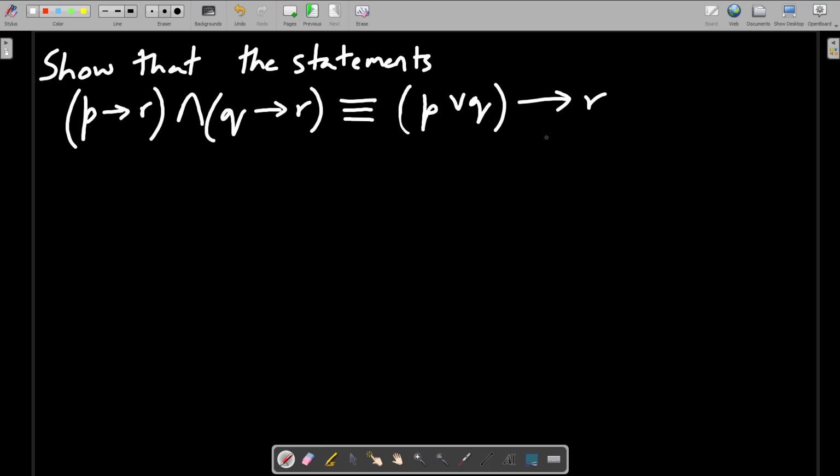If Q happens then also R happens. So if you combine both the statements, if either P happens or Q happens, then R will surely happen. That's what we are saying over here. Let us prove that the statement is true using truth tables.